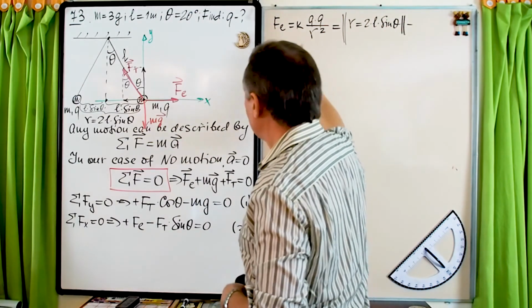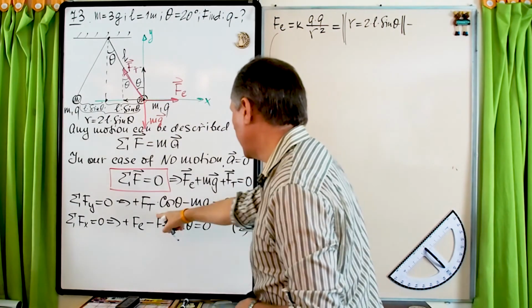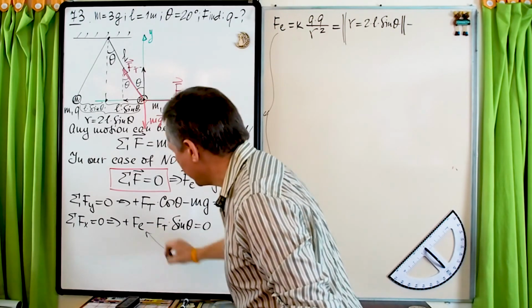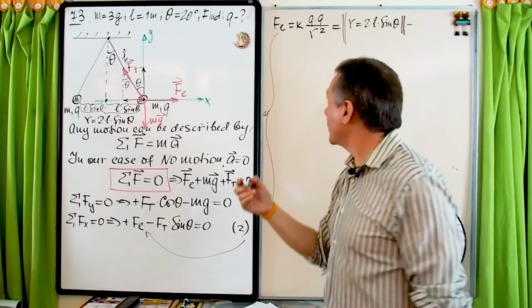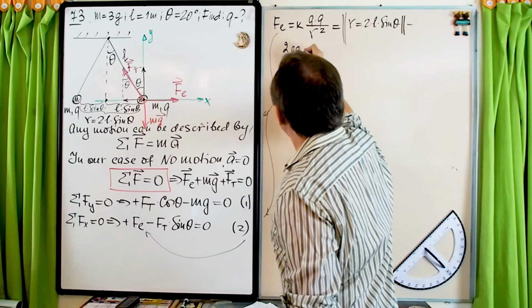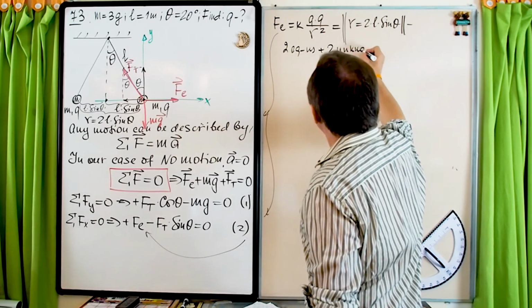Okay, so now you grab this F electric and plug it here. And you have 2 equations with 2 unknowns. Which are those unknowns?